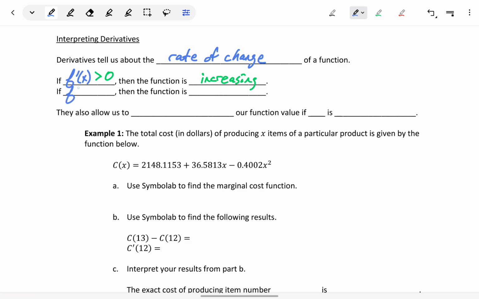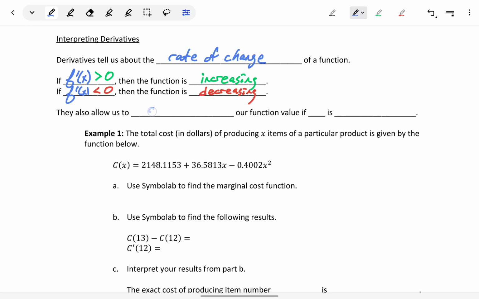If we evaluate f prime of x and get something that's less than 0, that means our function is decreasing. Negative rate of change, decreasing function. That's one thing a derivative result can tell us.